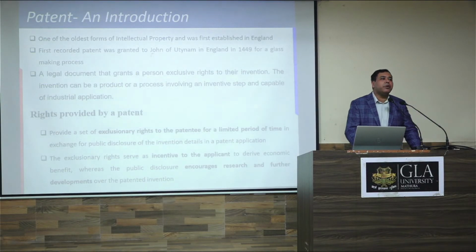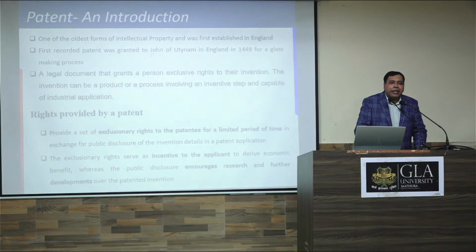Okay, now let's go much deeper into what a patent is and what the filing processes and requirements are for a patent. If you see on this slide, the first patent was filed in 1449, which was for a glass making process.